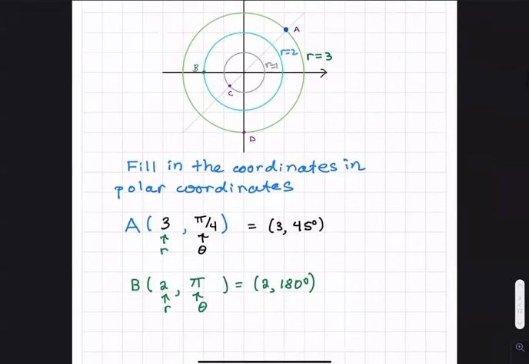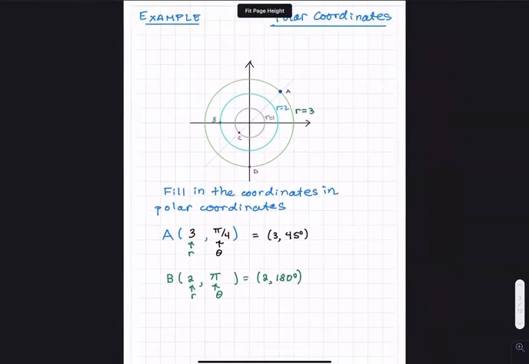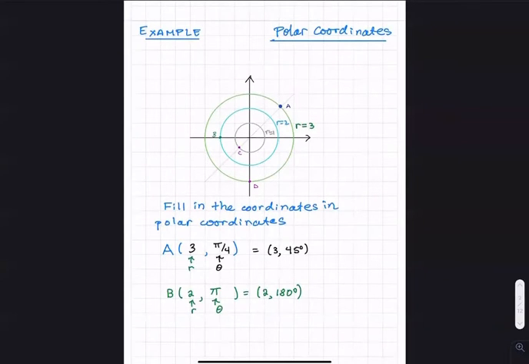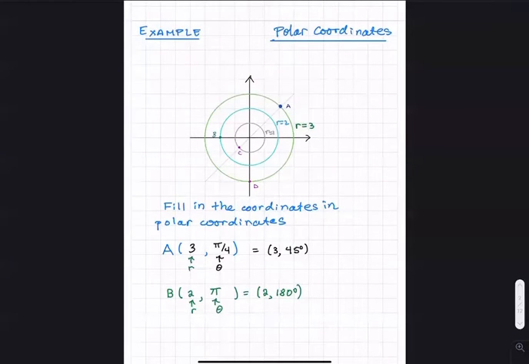Now we'll move on to C. And by the way, this is not the only way we can describe these points. A book will probably say, let's make your angle theta between 0 and 2 pi, or 0 and 360 degrees, because I could have also said pi over 4.